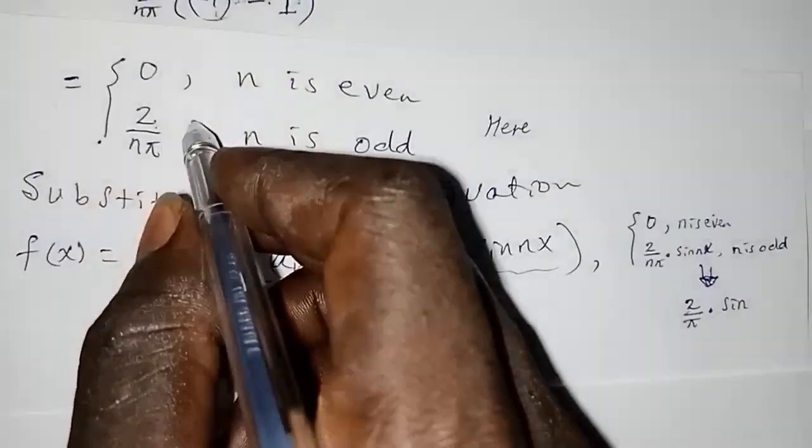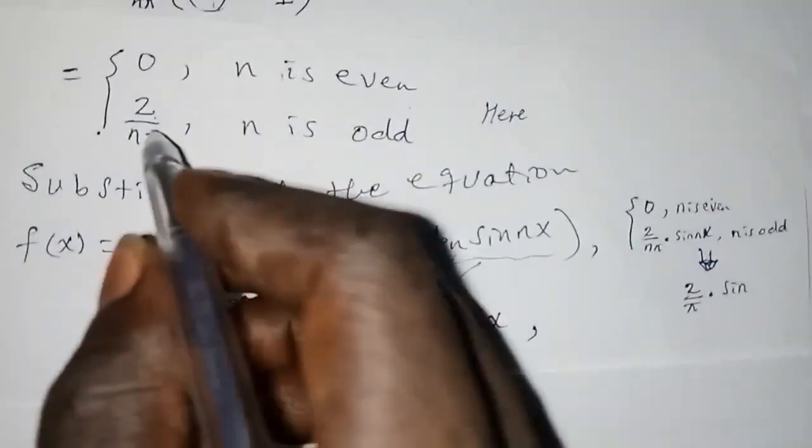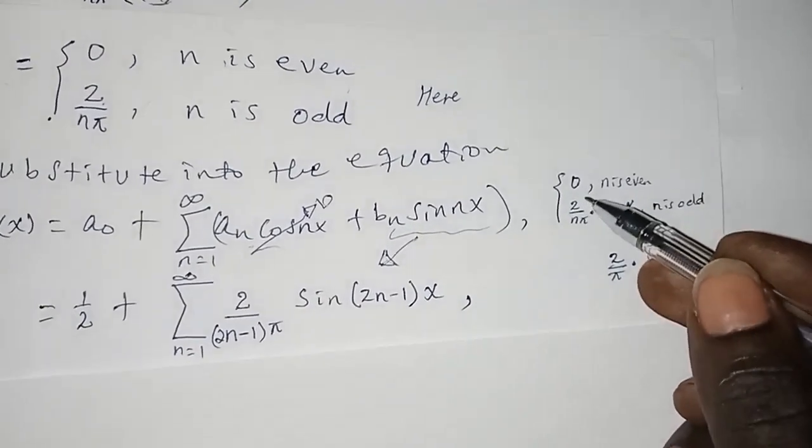That indicates n even gives 0, and n odd gives this one.